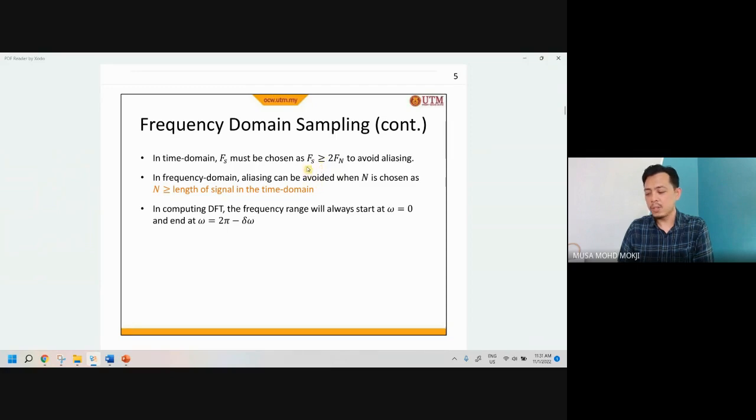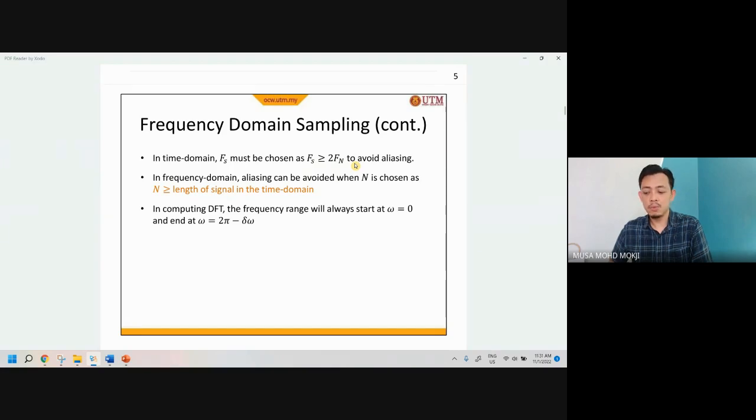We need to choose Fs at least greater than or equal to 2Fn, where Fn is the maximum frequency. For example, for human hearing, if we have an audio signal, the maximum frequency that humans can hear is maybe, I think, 22 kilohertz.